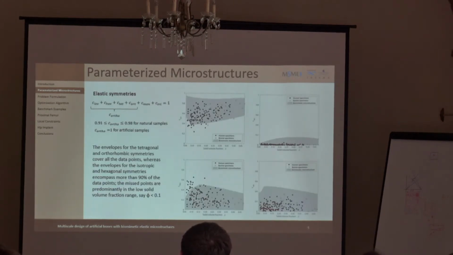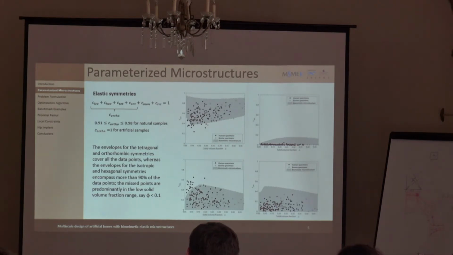In order to make a further analysis of this biomimetism of the microstructure, we performed the decomposition of the stiffness tensor of the microstructures in its elastic symmetries. It's worth noting here that the artificial microstructures are orthotropic by definition, but the natural bone actually has a percentage of anisotropy that is, on average, 5% of the elasticity tensor is anisotropic.